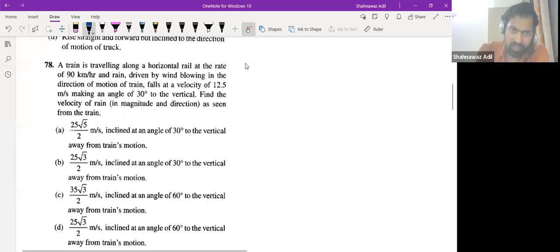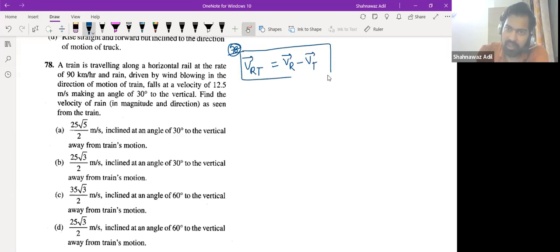So we have to find out the velocity of rain with respect to train. This we have to find out, right, Rishita? Clear? Yes, sir. Which means that we have to find out velocity of rain minus velocity of train. This we have to find.